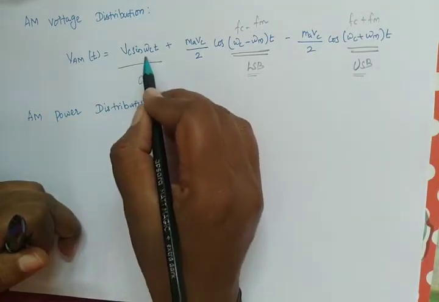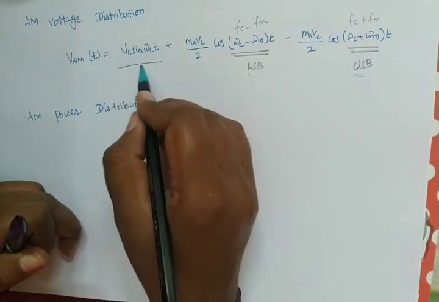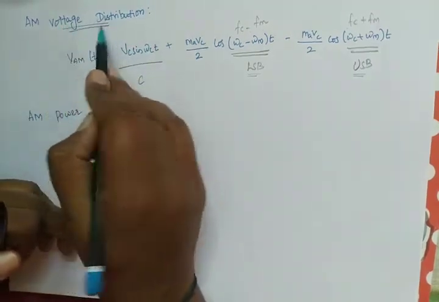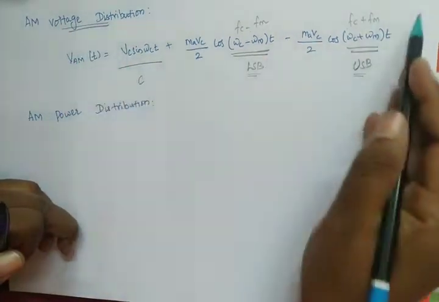And we know this is the carrier because of the unmodulated carrier, as we saw yesterday, and this is the AM voltage distribution equation.